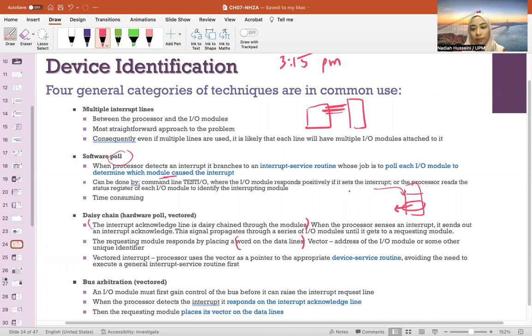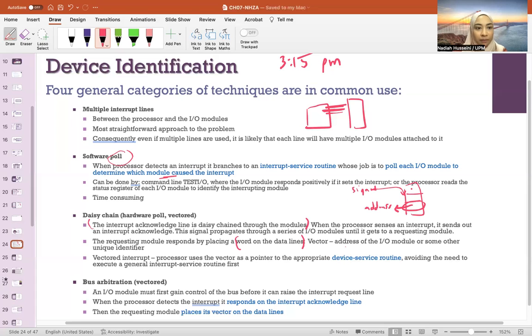So again, what happens is the processor acknowledges the interrupt and sends a signal that goes through all the IO modules. This is called a daisy chain. All the IO modules receive this signal, and the one that set the interrupt responds by putting its own address.